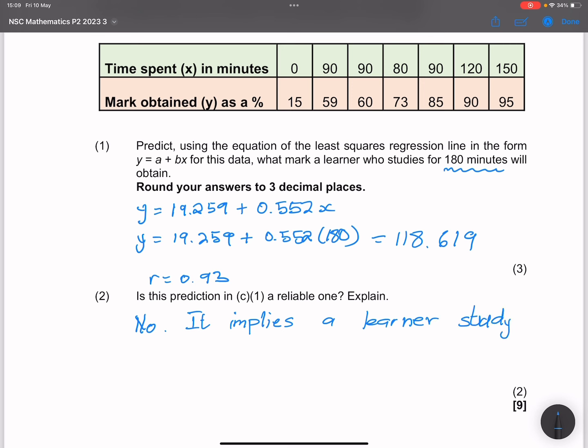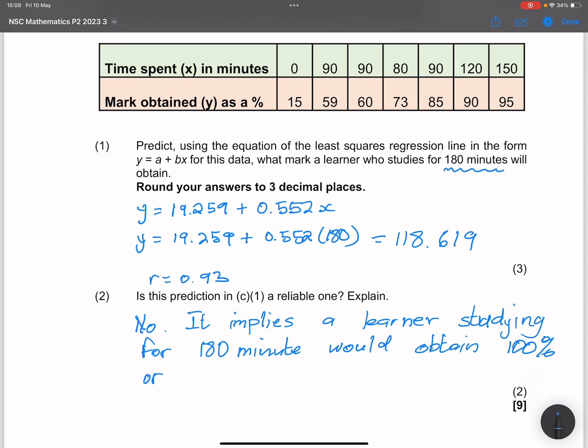for 180 minutes would obtain 100% or more.